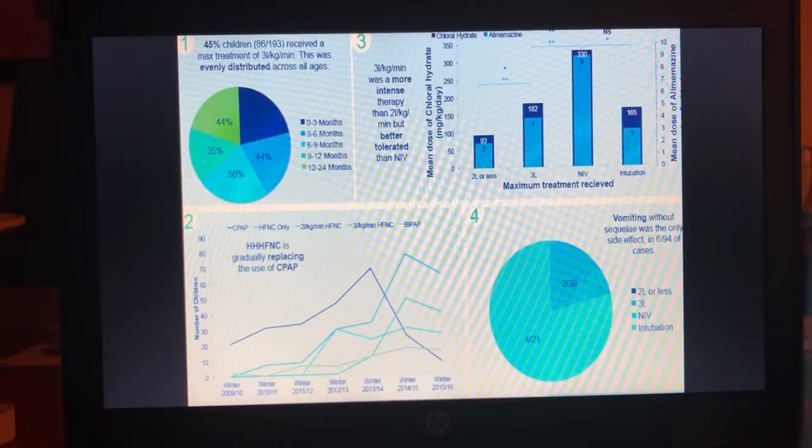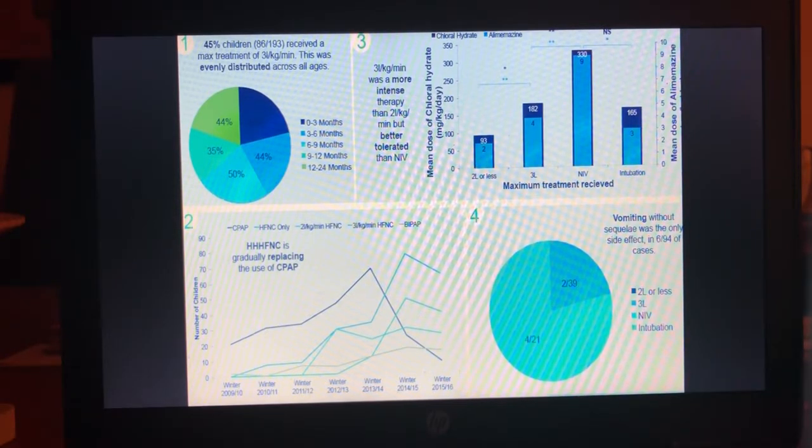This shows on the left axis the number of children that have received different forms of respiratory support, and on the x-axis the winter periods, October to March of each season, up to 2015-16.